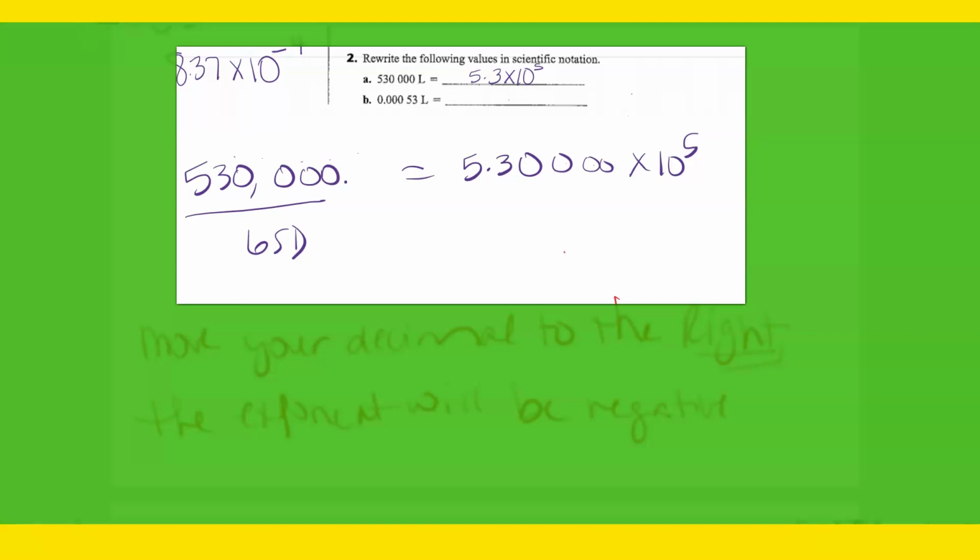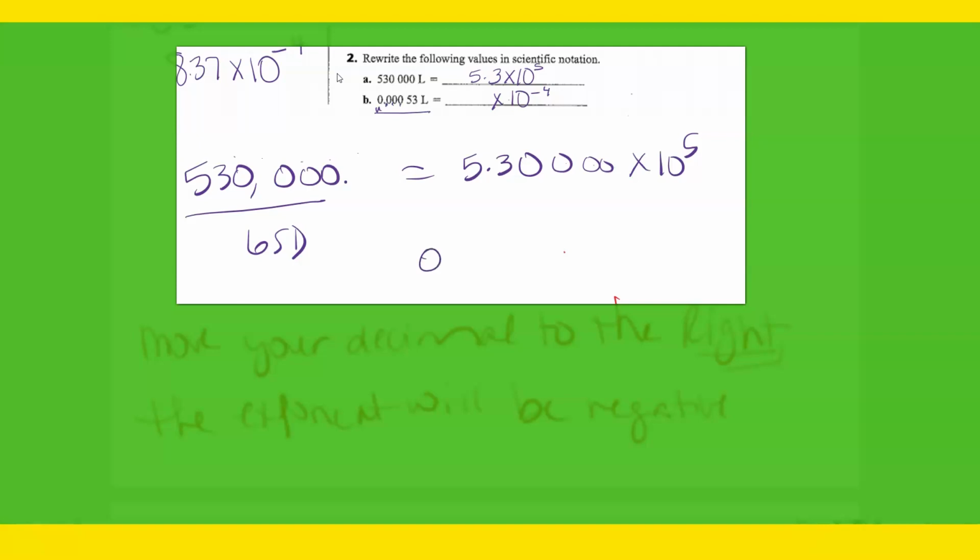Now let's look at the next example. We've got 0.00053. Let's count the zeros. We've got 1, 2, 3, and 4. So guess what our exponent is going to say? Times 10 to the negative fourth power. Because remember, this is a very small number.